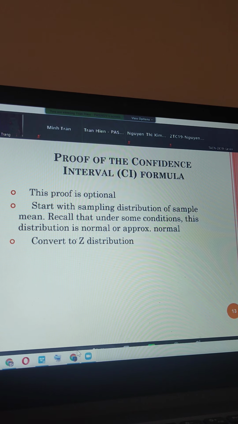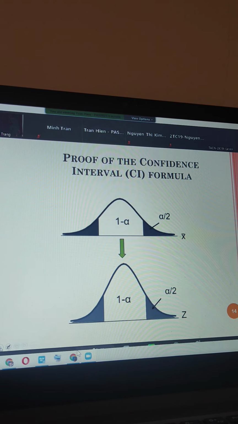After that, you have to convert it into the standard normal distribution. Here is a shape, so you can see that the areas are still there, but the values are a little bit different when you convert from the normal distribution into the standard normal distribution.